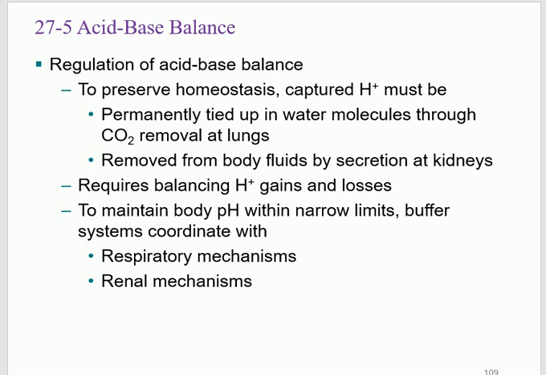Do you remember that the kidney can get rid of hydrogen? It can get rid of bicarb. It can reabsorb hydrogen. It can reabsorb bicarb. This is the second tool, right? And the third one is the buffer system. So what are the three tools controlling the pH in your body? The respiratory one, the kidney one, and the buffer, right? I have three of those, okay?